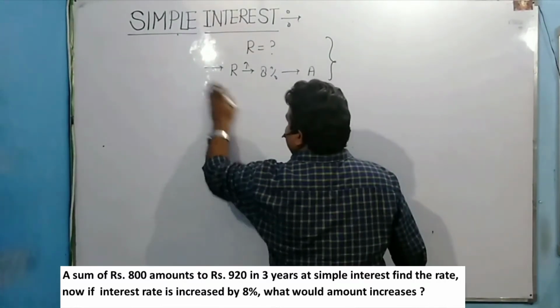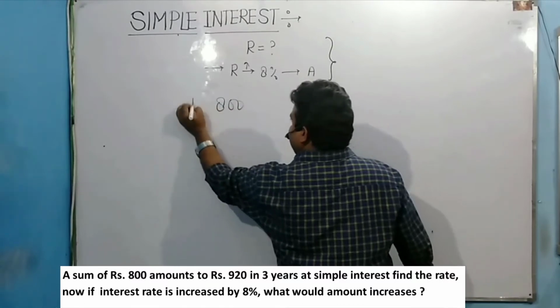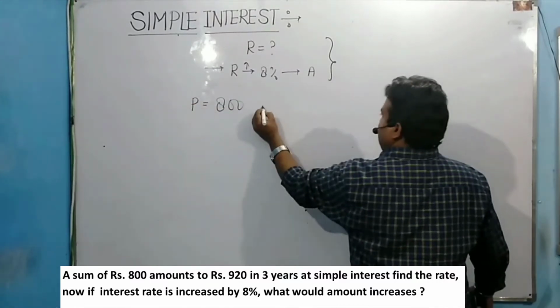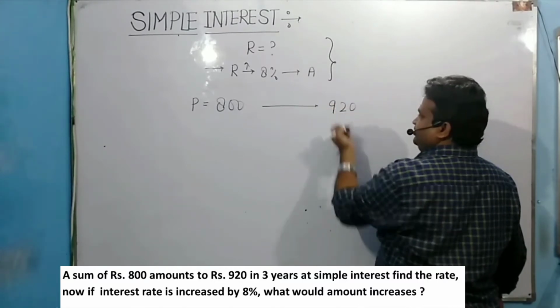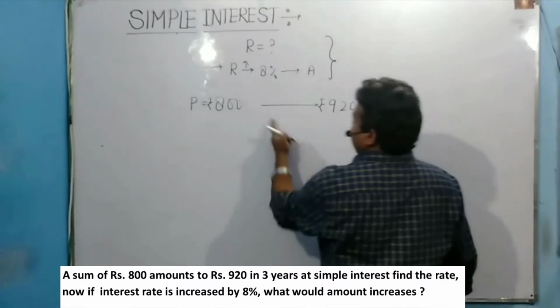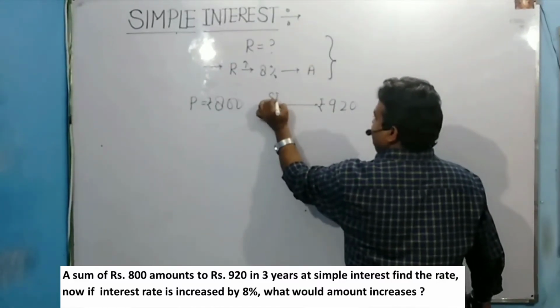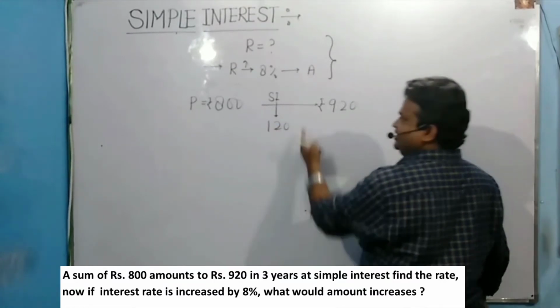Now, what are the given data? In the given data, this 800 is your principal, which after 3 years increases up to 920 rupees. So what is the simple interest in this case? 920 minus 800, that means 120 is the simple interest.